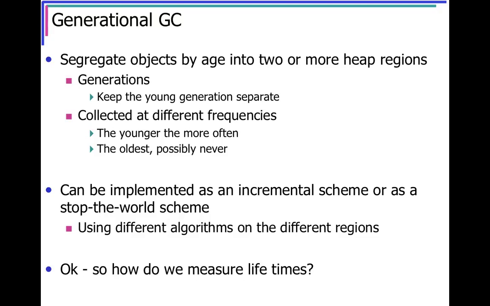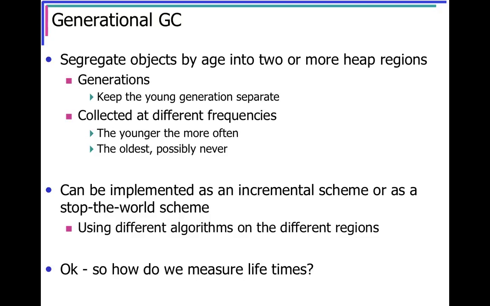And we're going to collect these generations, these heap regions, independently of each other and at different frequencies. We're going to collect the younger one more often because recently allocated objects, young objects, die often, so we shouldn't have to do much work there.